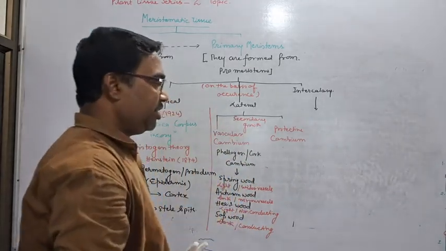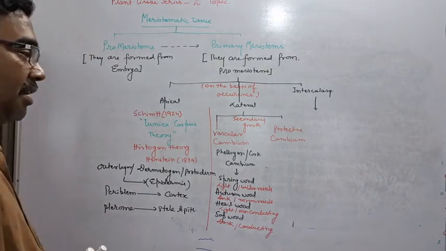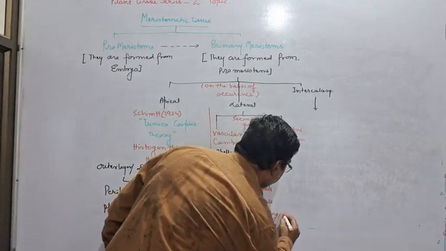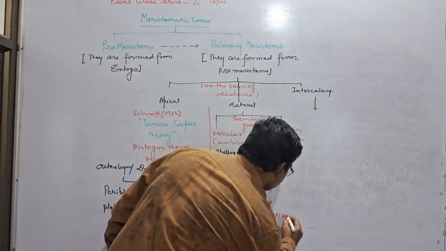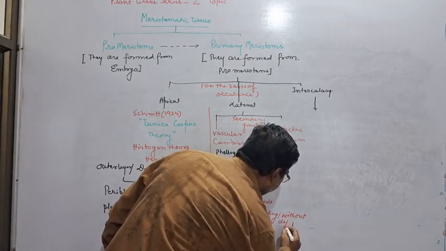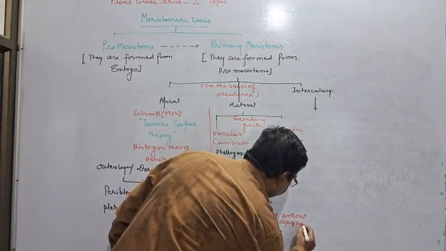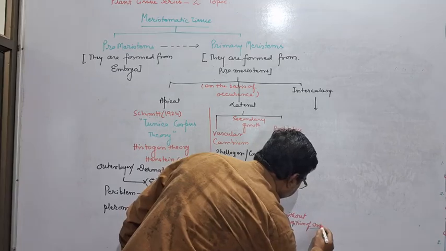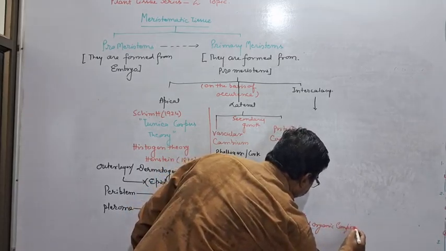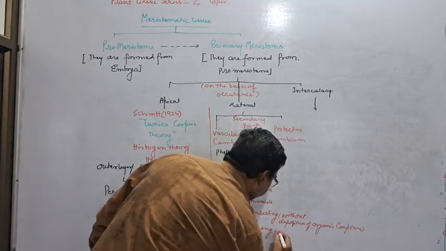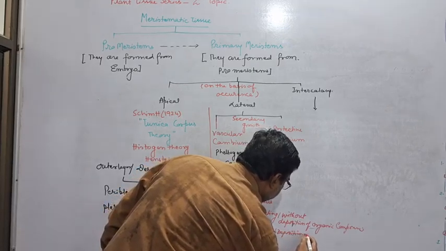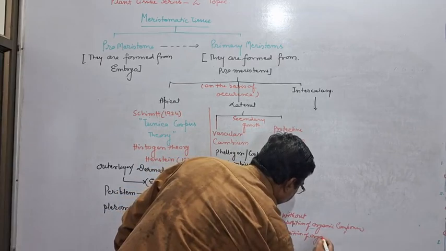It is a conducting tissue. Light and dark color is also a property. One more thing you can say: in sapwood, deposition of organic compounds is not found, without deposition of organic compounds, and in heartwood, deposition is found. Deposition of organic compounds.